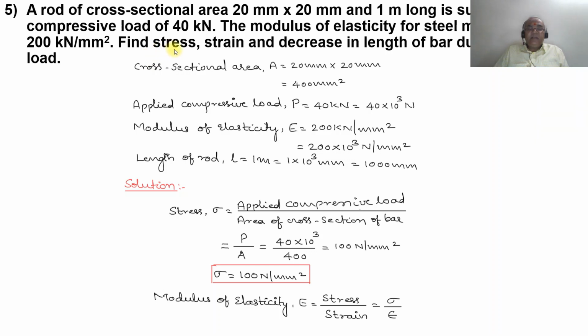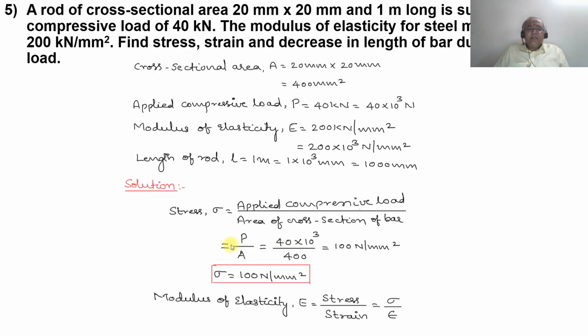So what is the requirement? The requirement is I need to find out the stress, I need to find out the strain, and the decrease in length of the bar. So how can I find out? Stress is given to be sigma, which is the applied compressive load P divided by cross-sectional area of the bar.